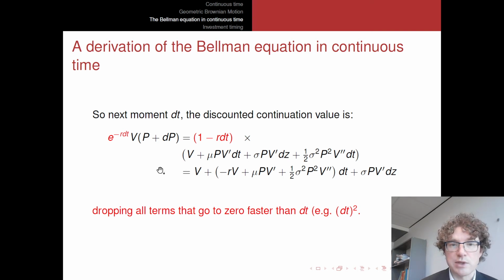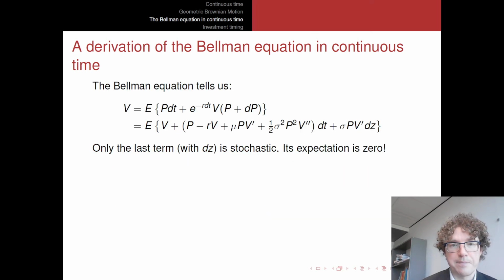So this is what the approximated value to first order in dt looks like of the thing that we plug into the Bellman equation. That's what we just did. So let's have a look at the Bellman equation and use that. What was it again? We wanted to compute the expected value of the cash flows, p dt, plus this discounted value of v evaluated at p plus dp.